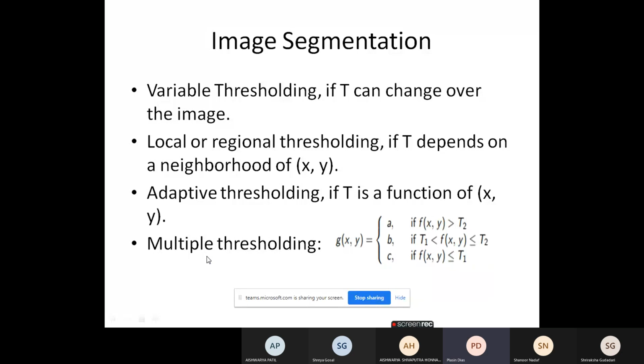In multiple thresholding, we could classify using more than one threshold value. For example, with two thresholds for g of x comma y: if f of x comma y is greater than T2, you consider it as a; lying between T1 and T2, you consider it as b; and less than or equal to T1, you consider it as c.